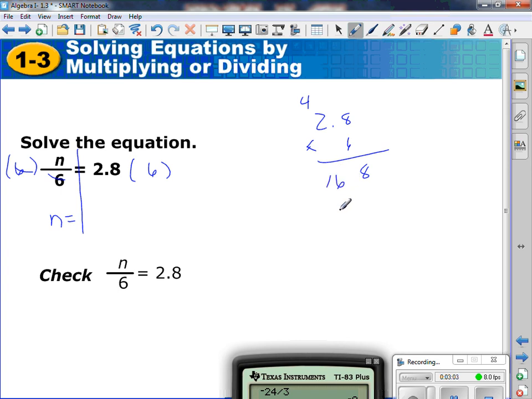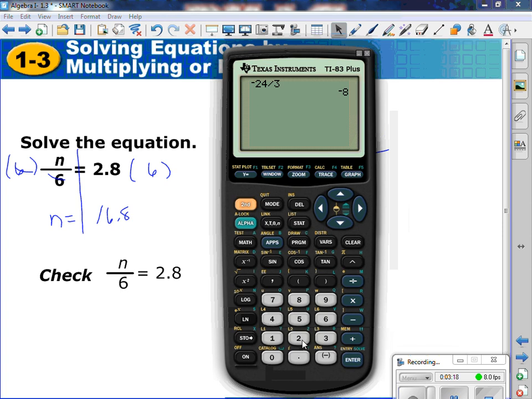Where do I put my decimal point? Why do I put my decimal point in between the 6 and the 8? Because there's 1 digit behind the decimal in the first problem. My answer is 16.8. You can check your answer on the calculator. 16.8 divided by 6. I got 2.8. I know I'm correct.